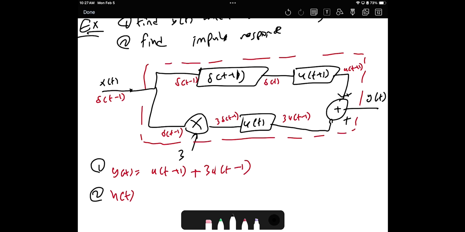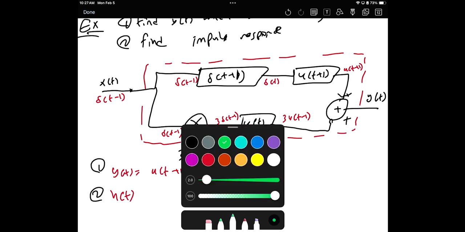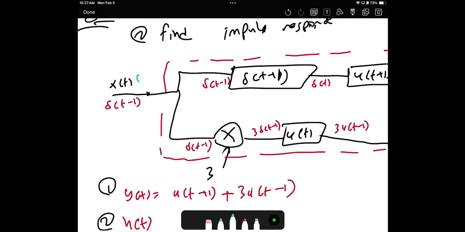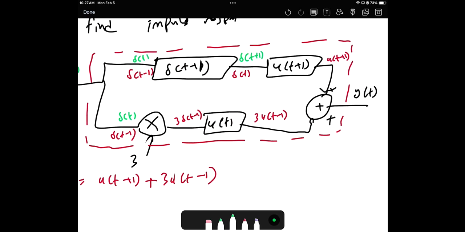So to find the impulse response, I'm going to change the color. Here, delta of t. We have a shift, delta of t plus 1. Then integration, it will be u of t plus 1 plus 1, so u of t plus 2. Then in the bottom, 3 times delta of t, then integration, so it will be 3 times u of t.